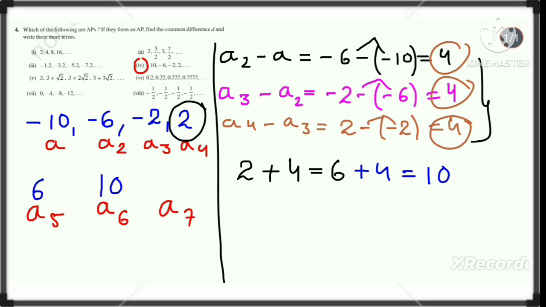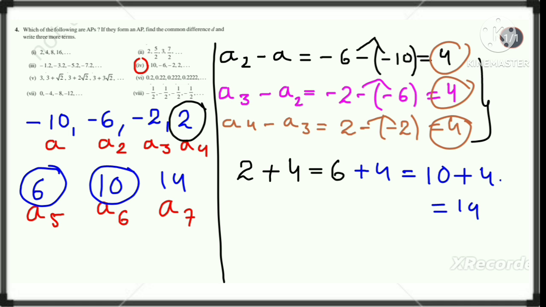Again after adding the common difference to the 6th term, we obtain 14, and this is the 7th term. In this way here we have obtained its 3 more terms, that is 6, 10 and 14.